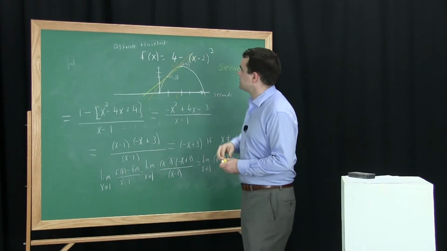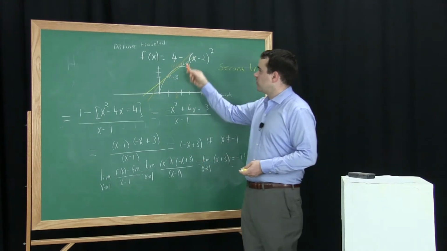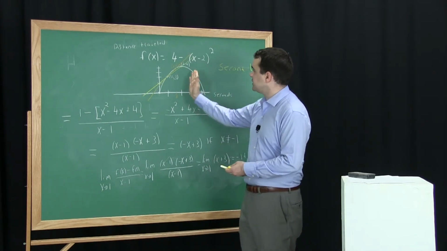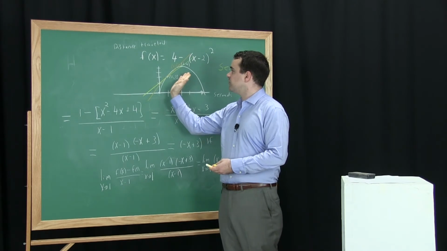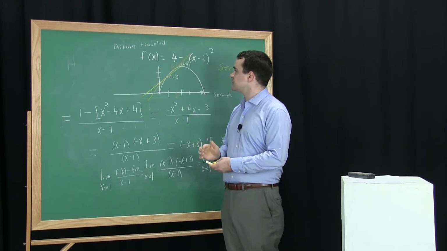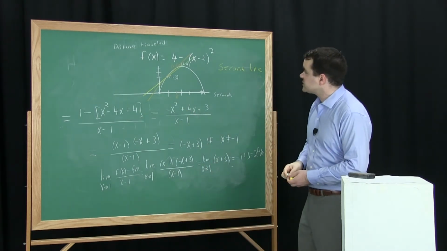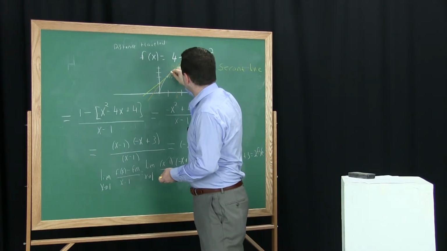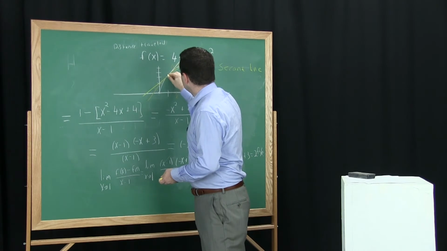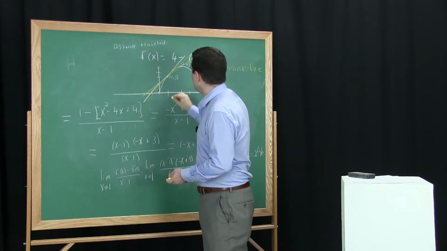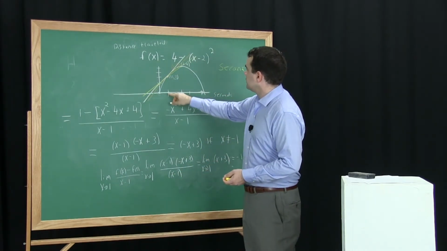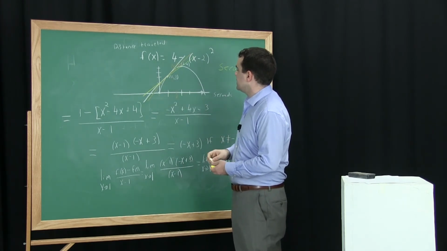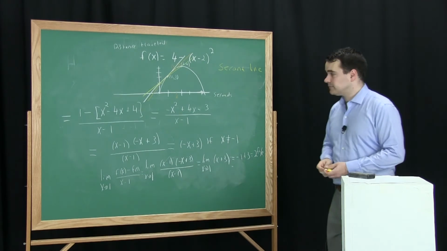The yellow one was x equals 2, and the orange one, you're starting to get closer. Imagine in your mind moving that x value closer and closer to 1, and eventually what you get is this line that just touches the point t equals 1, f of t equals 3, and has slope equal to 2.